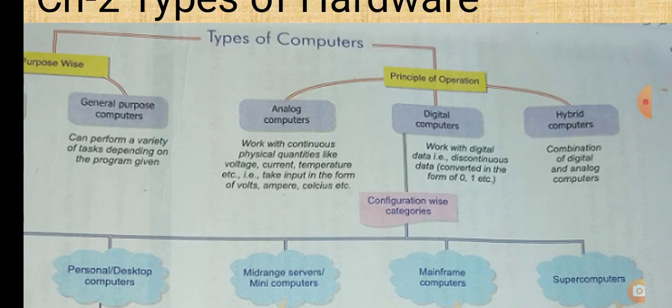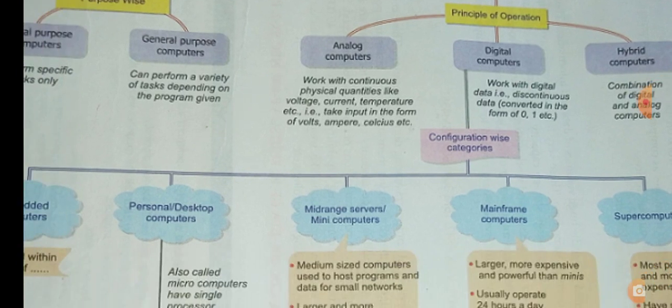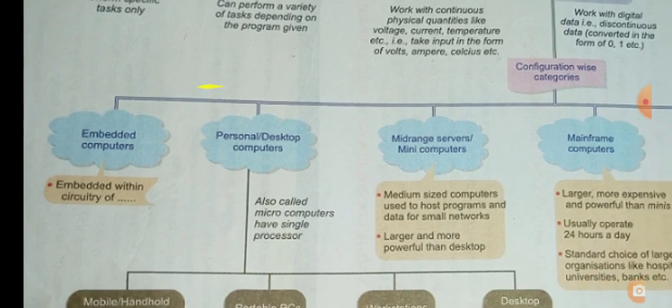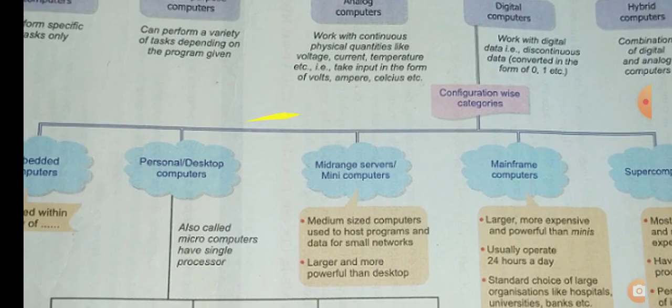Analog computers work on physical quantities such as ampere or volt, and digital computers work on discontinuous data values, in the form of 0 and 1. Hybrid computers are a combination of analog and digital. A hybrid computer is mostly used in weather forecasting, where we use the properties of both analog and digital computers.